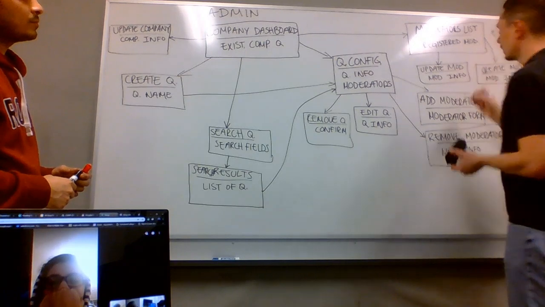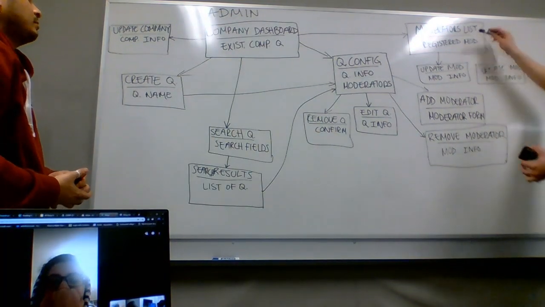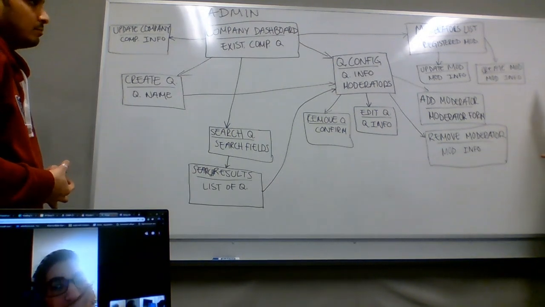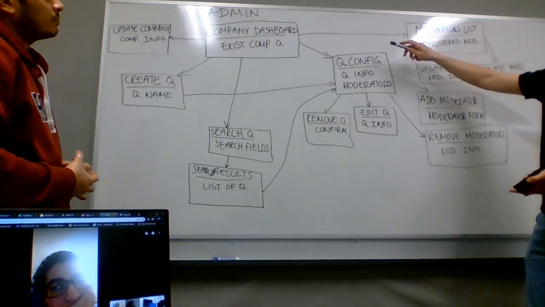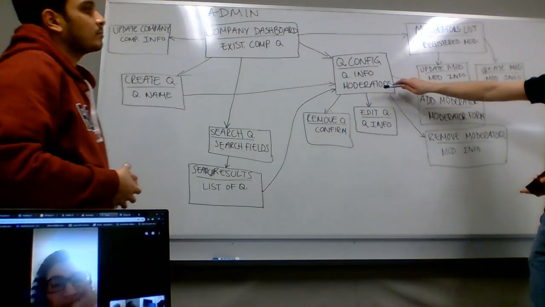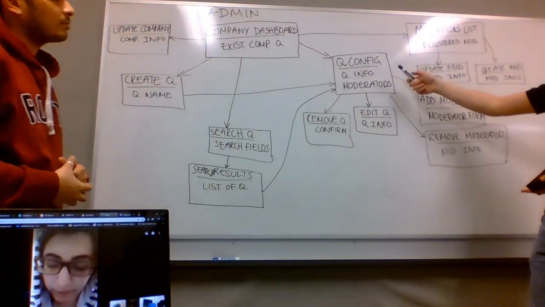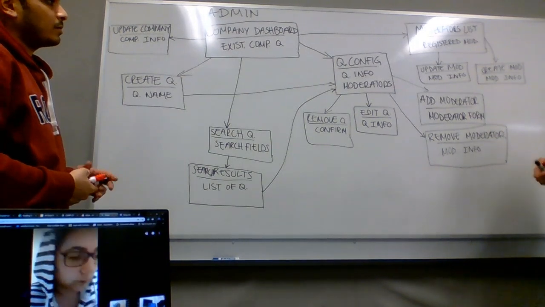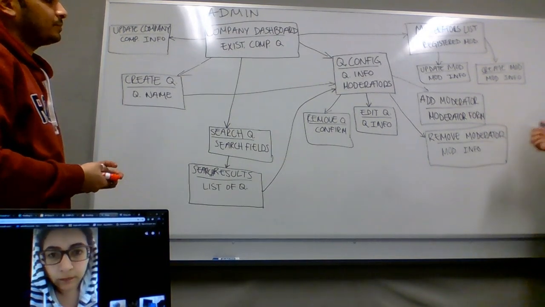So now the admin can register moderators, have a list of all his moderators, but for each queue, he will select which moderators will be using the queue. Correct. All right.